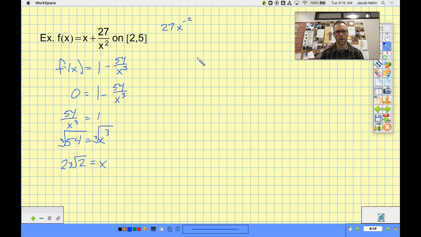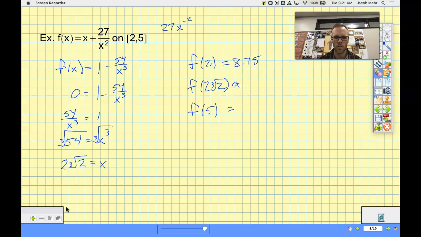Okay, when we evaluate. So 2, cube roots of 2, and 5, and let's evaluate. All right, put in 2. 2 plus 27 over 2 squared, 8.75. So 2 cube roots of 2 plus 27 over 2 cube roots of 2 squared.